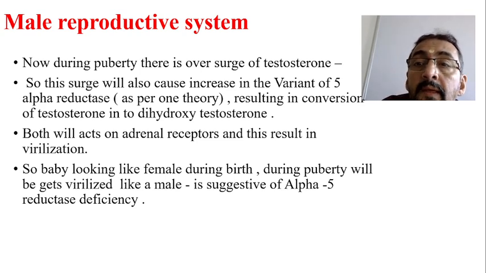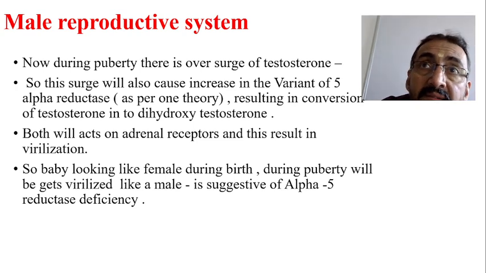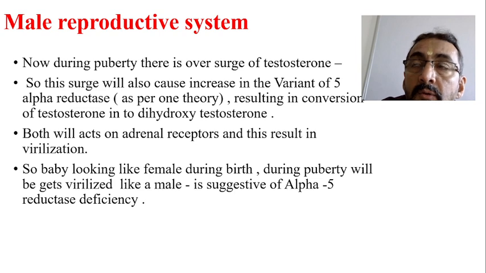Now what happens in the next part? At the time of birth, this is the problem: the external genital organs of the male are not properly identified, but the internal genital organs are quite normal. But when that same boy reaches puberty, there will be a surge of testosterone, isn't it? A lot of testosterone is produced during puberty.